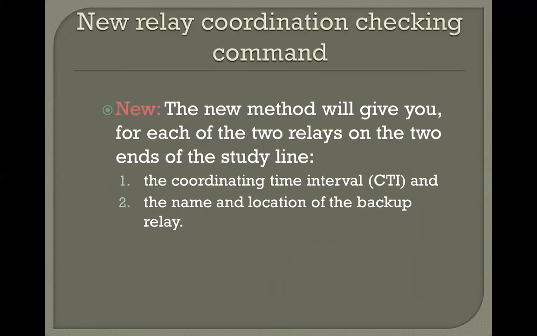Okay, so now this is the part that's really surprising, that I actually didn't think of until I was in the midst of working on this. The method will give you, for each of the 2 relays at the 2 ends of the line, just before the program decided to trip them, the program looks around and finds out what is the next fastest relay that would have tripped if this relay isn't working.